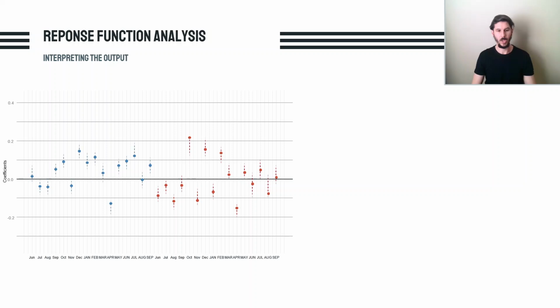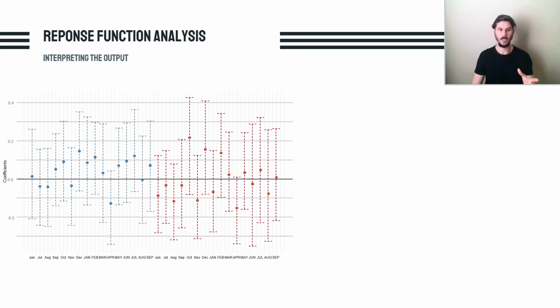So you can plot your coefficients, and this is what you're going to see, right? Because now you can calculate confidence intervals, and this is the output of the program you can use in the lab today. So the dots mean the mean response coefficient that you found, and the whiskers, the top and the bottom, are the confidence intervals. Roughly, if the whiskers are crossing 0, then you would not say that that is a significant month or a significant variable, right?